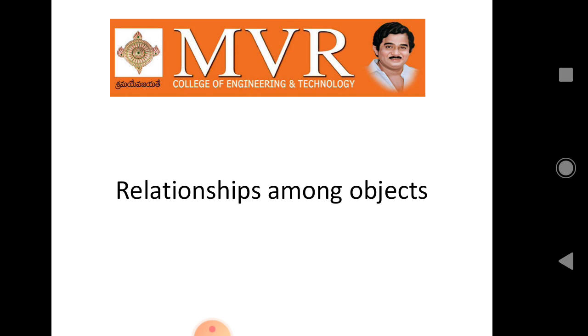An object collaborates with other objects through its links to these objects. Stated another way, a link denotes the specific association through which one object applies the services of another object, or through which one may navigate to another.